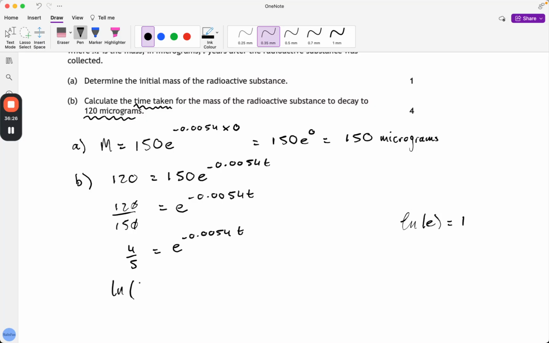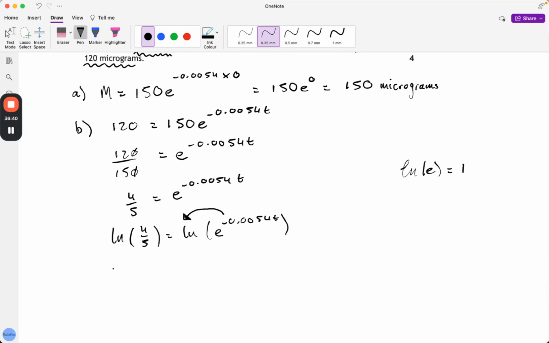So we're going to have ln of 4 over 5 is equal to ln of your e to the power. We're then going to fly that power down, because we're talking about logs now, and we know that we can fly our powers. So we're going to have the ln of 4/5 is equal to minus 0.0054 t, and that is now just getting multiplied by our ln e.